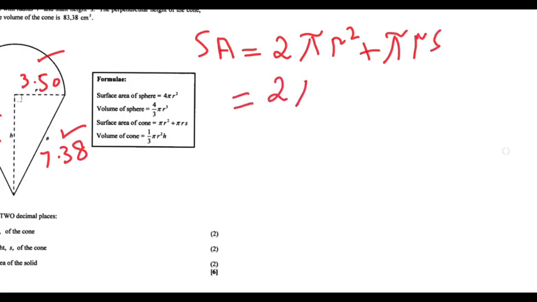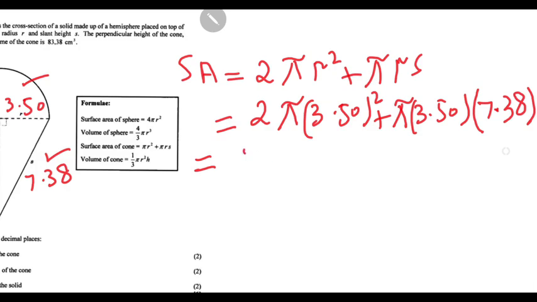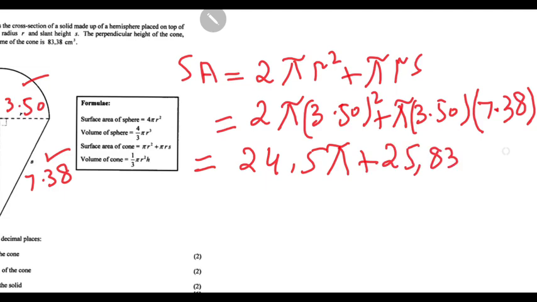So I'm going to substitute all of these values. 2 pi times radius 3.5 squared plus pi times radius 3.5 times s, and this becomes 24.5 pi plus, I use my calculator, 25.83 pi.